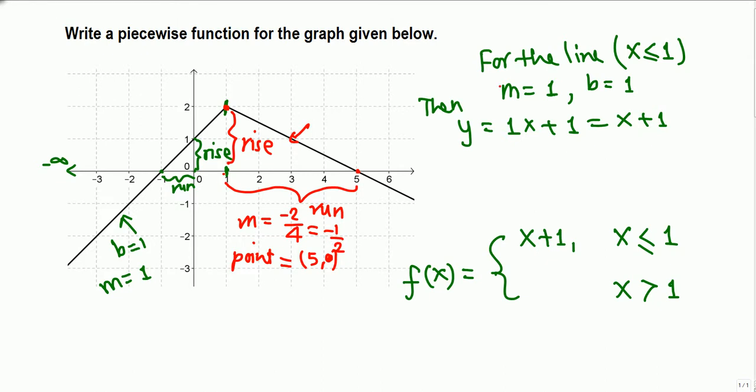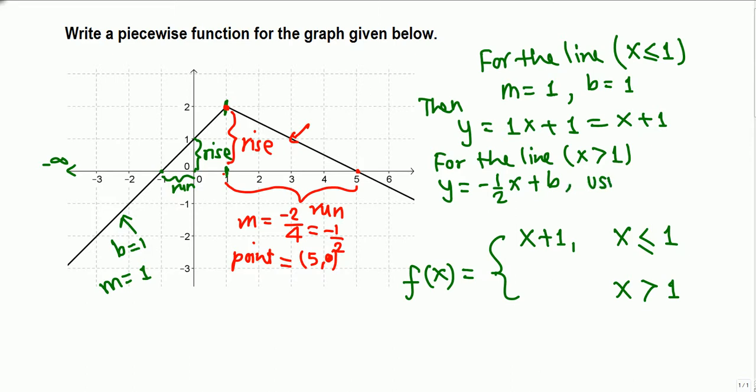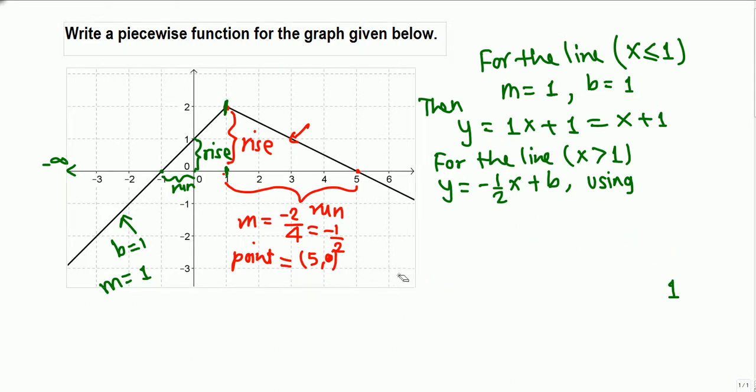Okay, now for the line, let me write over here, for the line x bigger than 1, on this domain, in our case this red part, y equals mx plus b. m is negative 1/2, mx plus b. We don't know b yet. Okay, just b. Now to determine b, we use the point (5, 0).